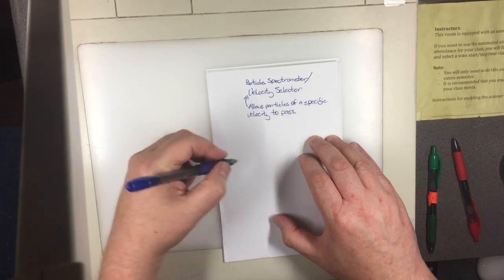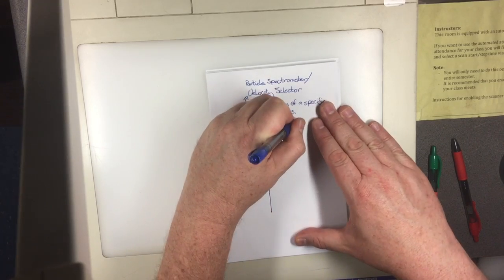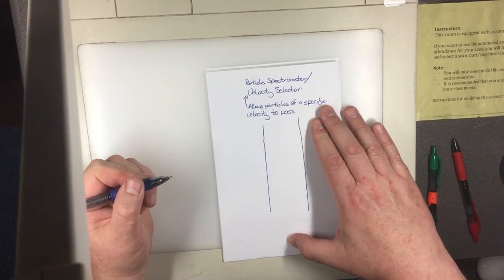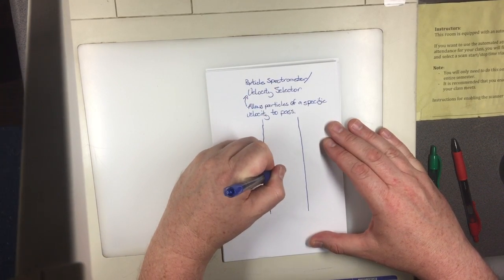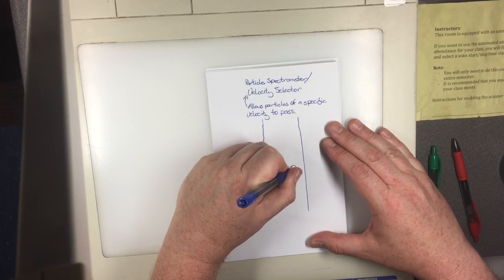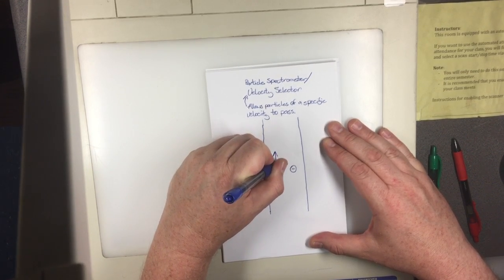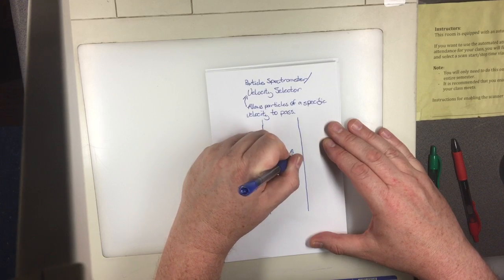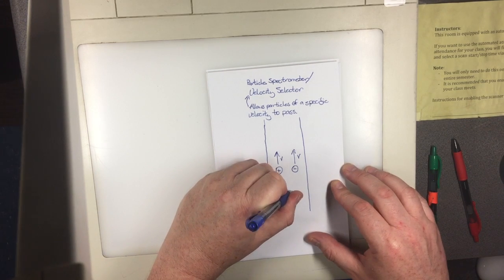What happens in the velocity selector, basically this is an expanded view of a pipe, is you have charged particles, let's say a negative particle and a positive particle, moving with a specific velocity v. The first thing they set up is an E field.